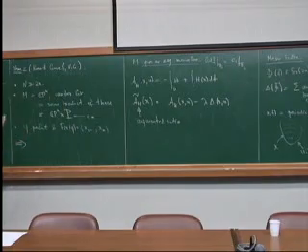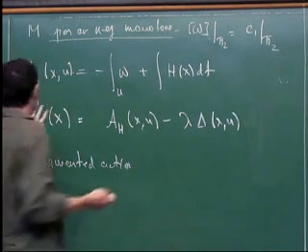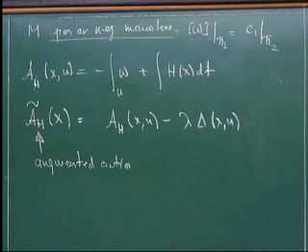I don't know a good name. You can call it the action mean index functional, except it's not a functional. It's defined only on periodic orbits. So let's call it augmented action for the lack of a better name.